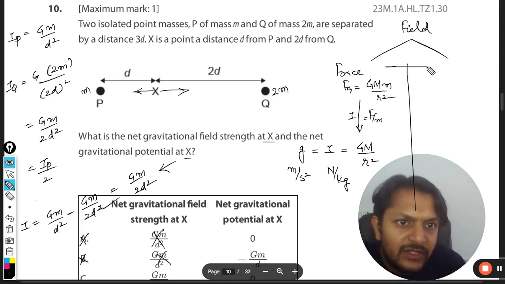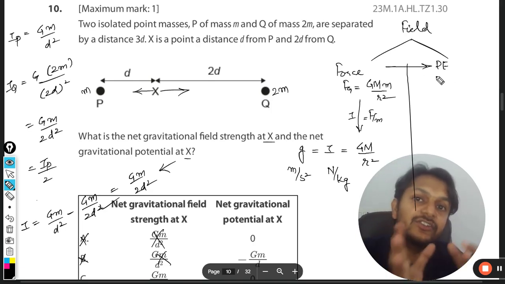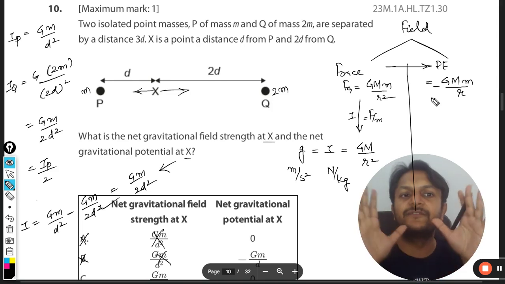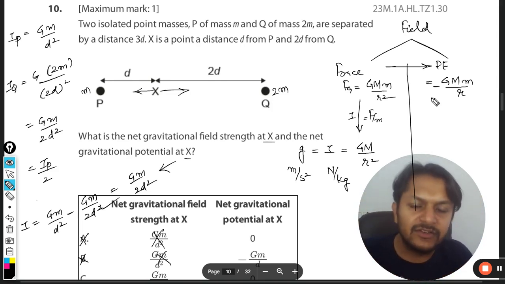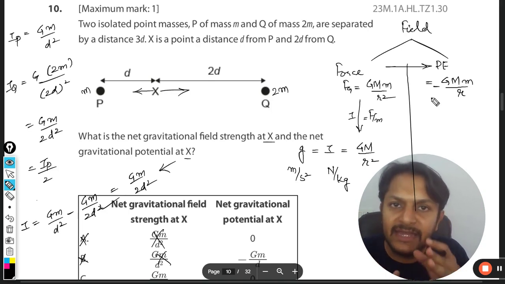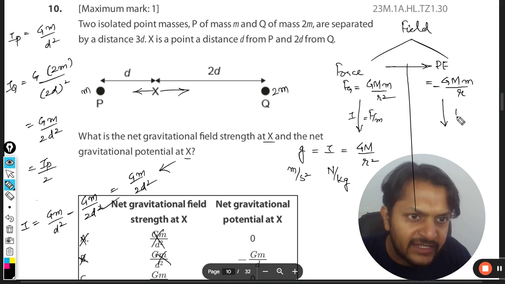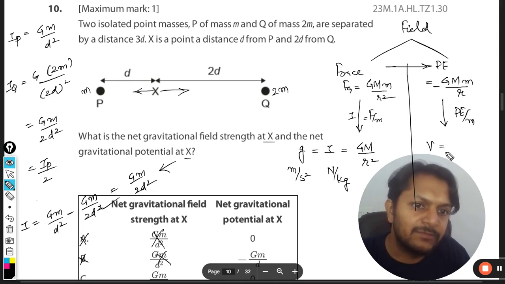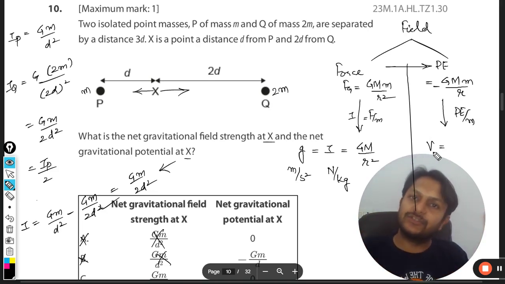We first find the expression for the gravitational potential energy. This is given by negative GMm by r, and it is always negative. So this is the point where we start our discussion. When we find this potential energy per unit mass, we define something called potential, which is the gravitational potential in the case of gravitation.